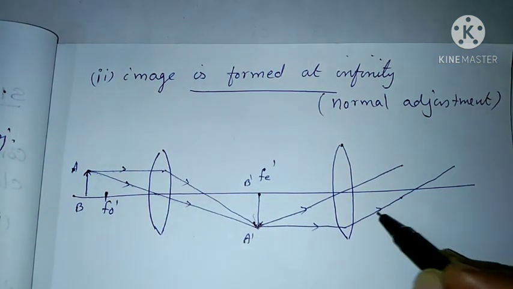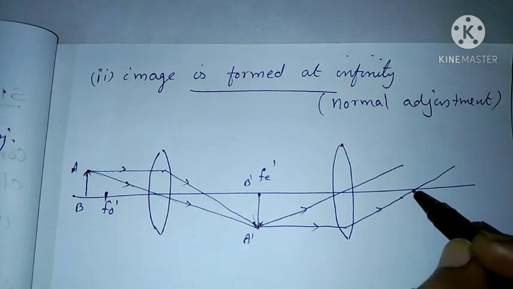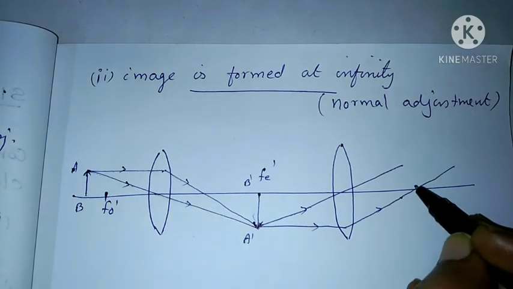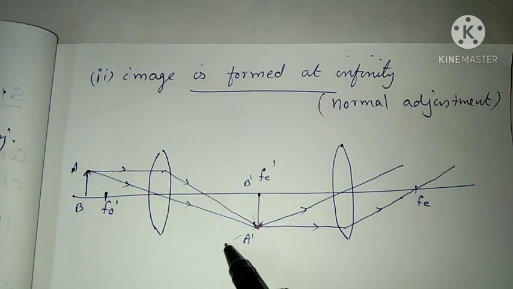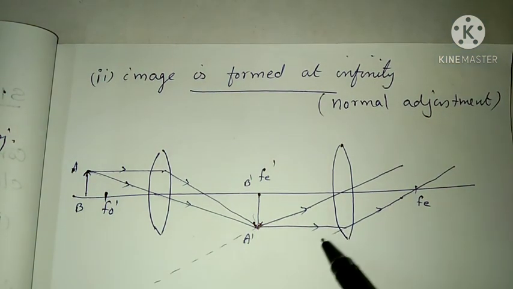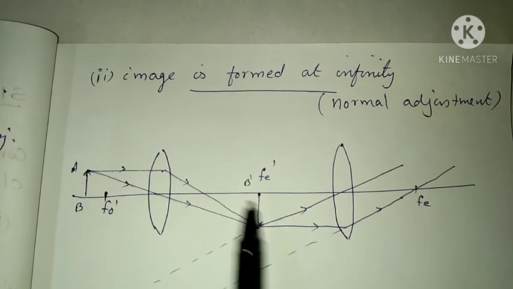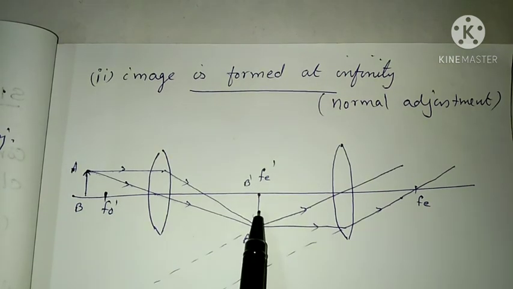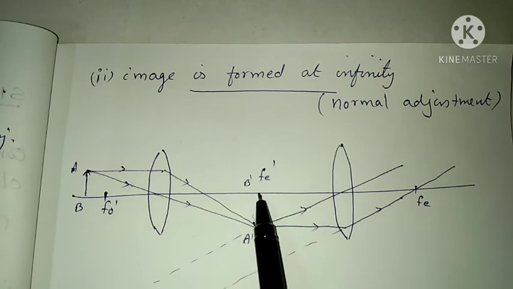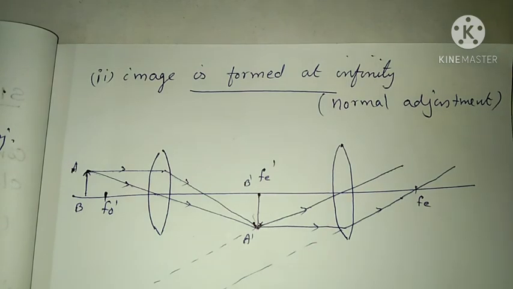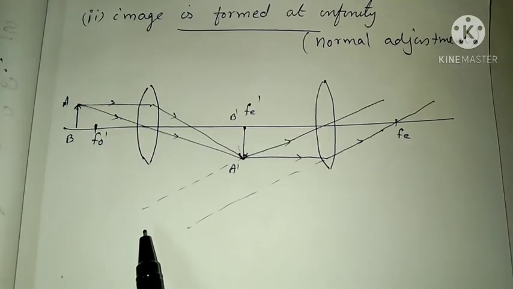So here this is the focus. And these rays do not meet, because the image formed by the objective acts as an object for the eyepiece and it is at the focus of the eyepiece. So when the object is at the focus, the final image is formed at infinity.